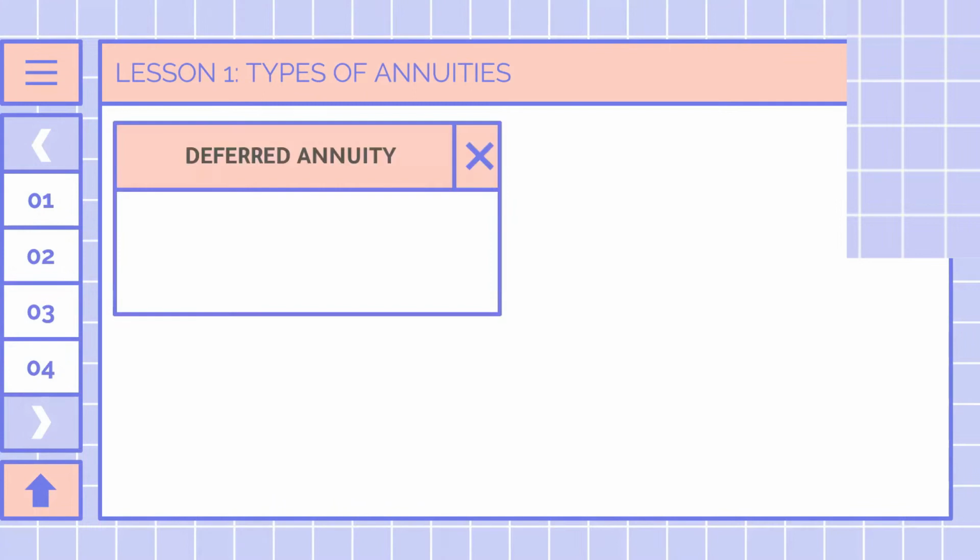Next type is the deferred annuity. It is defined as the payment begins only after the given time interval has passed.